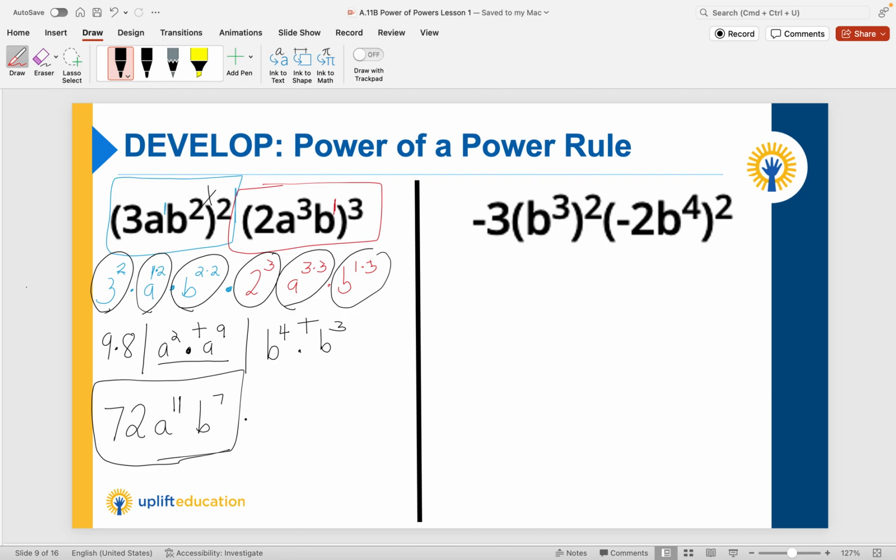Let's look at the next one. All right, so notice now we're still going to use our PEMDAS. So I'm going to rewrite this negative 3. And then, I know because I have a parentheses here, this is going to be multiplying. So I got b, 3 times 2. And so if I go to the next one, everything is inside the parentheses. So that means everything is raised to that power.